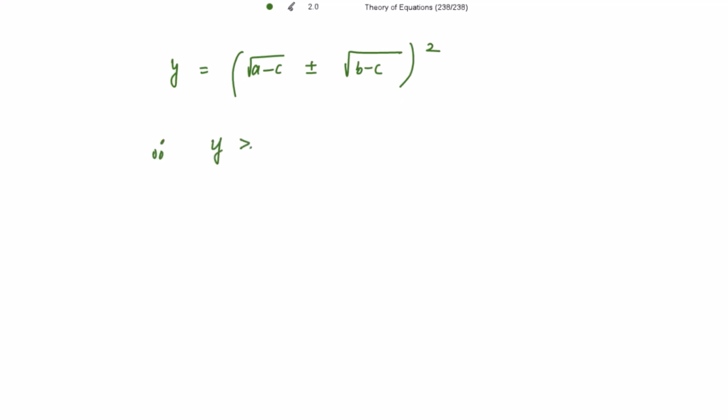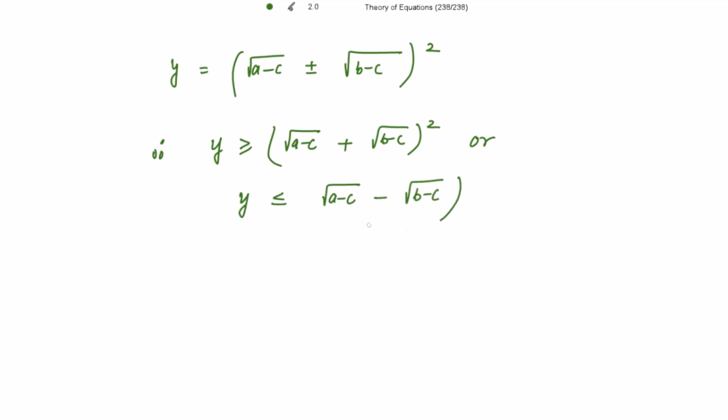Either y is greater than or equal to (square root of a minus c plus square root of b minus c) whole square, or it is less than or equal to (square root of a minus c minus square root of b minus c) whole square. Let's check which of these is correct.